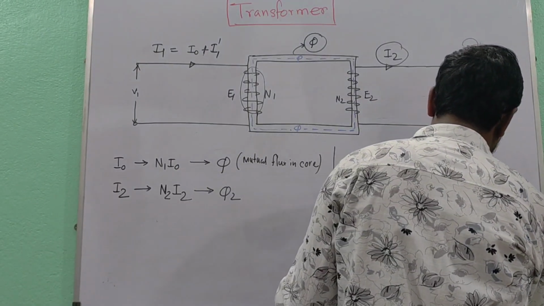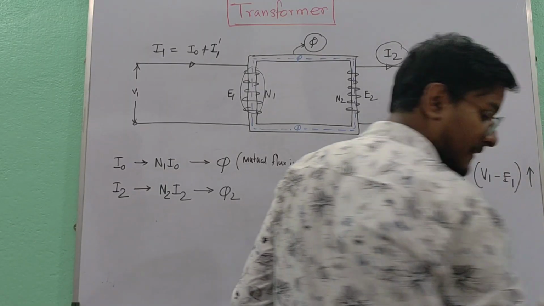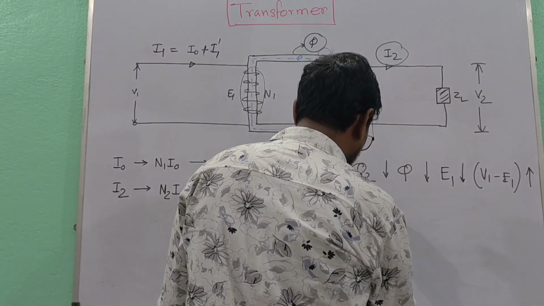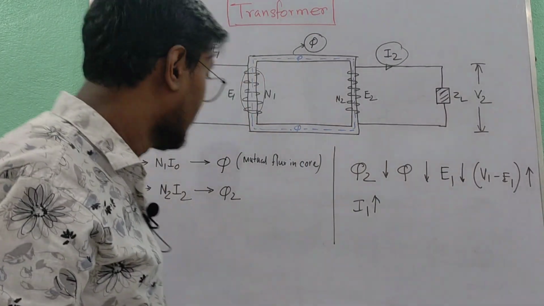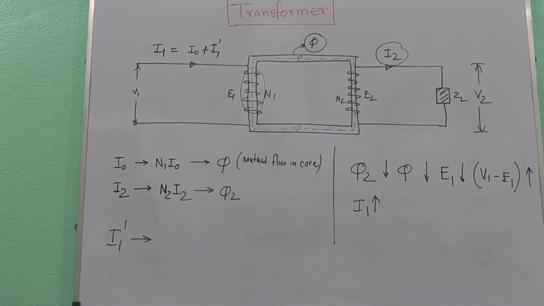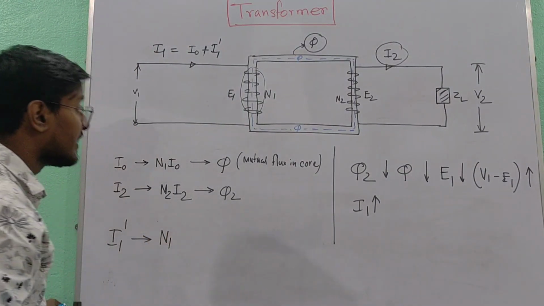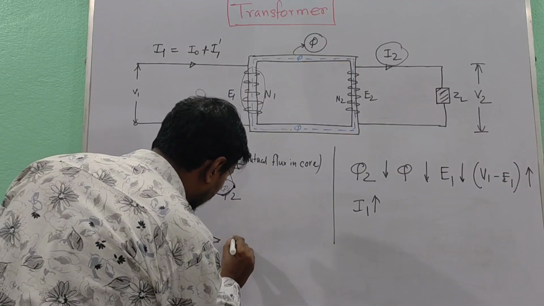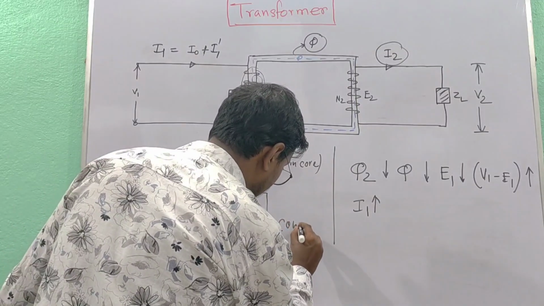If E1 gets reduced, then the difference V1 minus E1 will increase, which means more current will be pulled from primary, that means I1 is increasing. So let us say the additional current is I1 dash, which is called counterbalancing current. This I1 dash will produce its own MMF N1 I1 dash, and this will produce an extra flux phi 1 dash. This phi 1 dash and phi 2 will cancel each other.